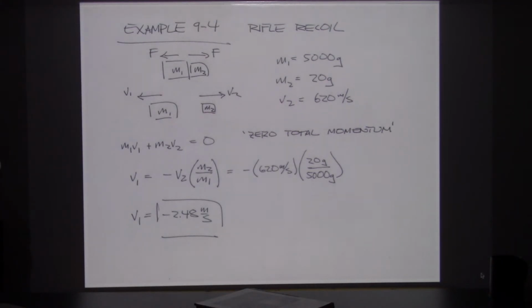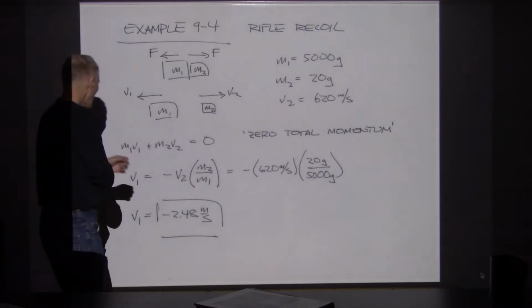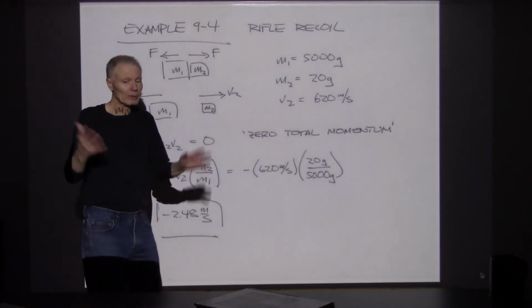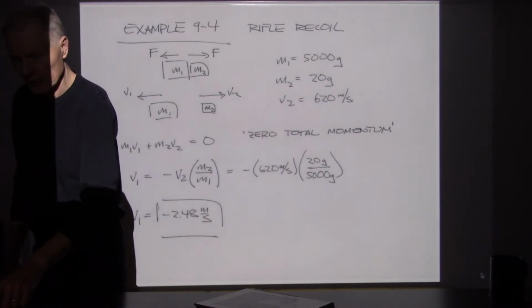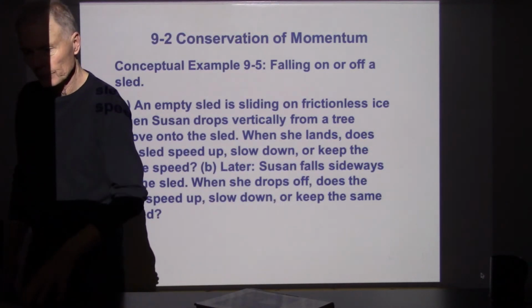It's like 200 times different. The mass of the rifle is 200 times greater, and so its speed is like 250 times less. But that's significant, right? If you're holding the rifle and you're not expecting that, that could be a significant effect.